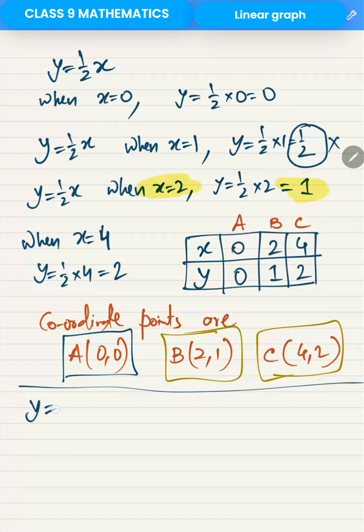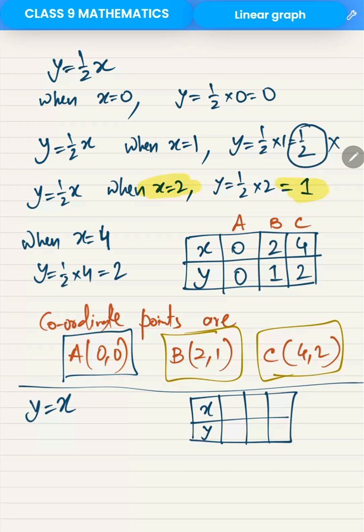Now we draw the next linear equation, which is y is equal to x. Create a values table of x and y for this equation. We put x is equal to 0. It gives y is equal to 0.